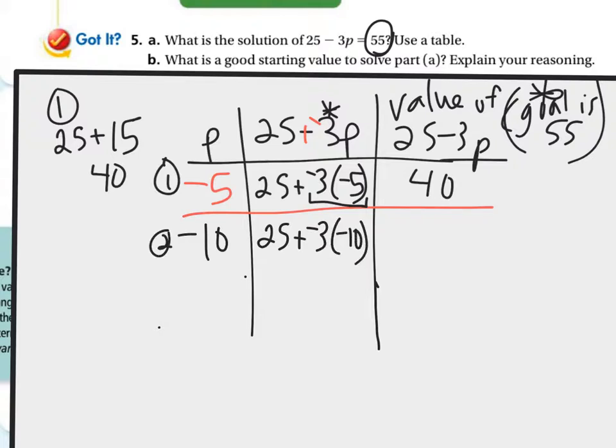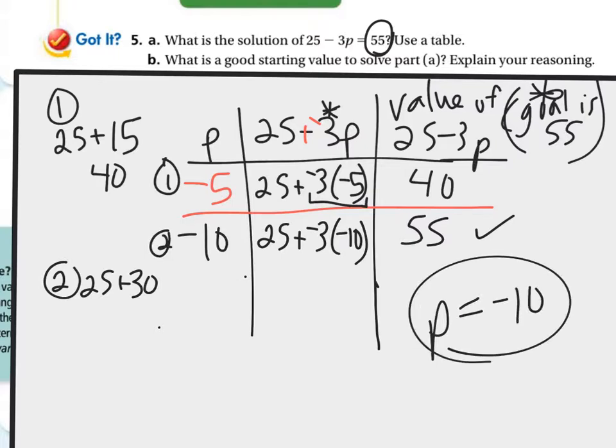This is our second attempt here. -3 times -10 would be a positive 30, and then when you add those, you get 55. So that's it. So then the value would be P equals -10. Okay, like I said, if you didn't follow that, we can just keep guessing numbers until we get something that works.